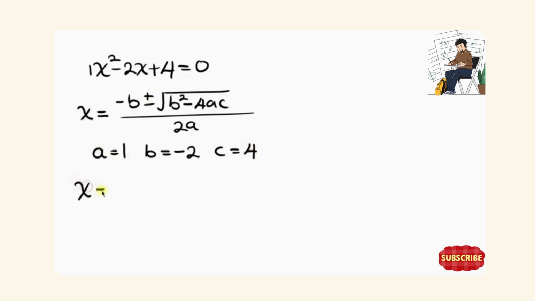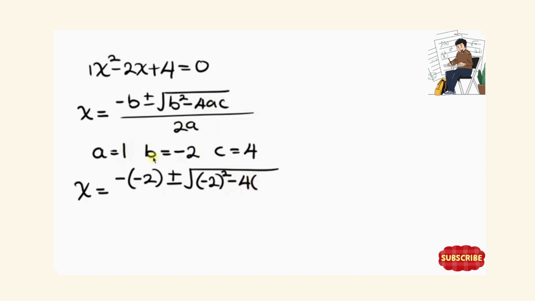We have x to be equal to -b. What is b? b is negative 2, so negative 2 plus or minus the square root of b squared. b is negative 2, so I'm going to be putting negative 2 squared minus 4 times a.